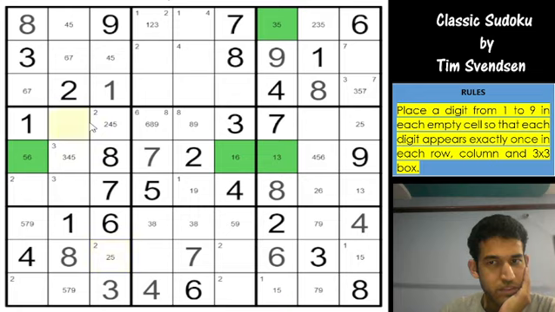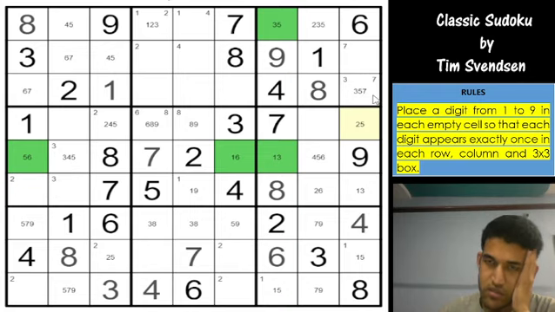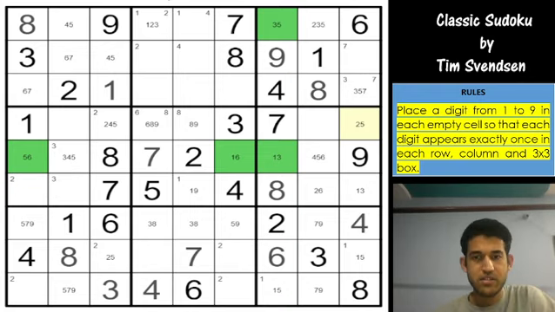Two is in one of these cells. I'm sorry, in column 3, 2 is in one of these cells. And 2 is in one of these 2 cells in column 9. Not much there.